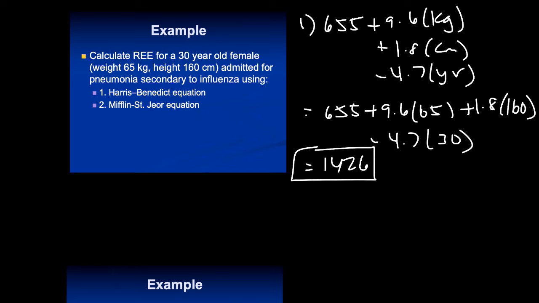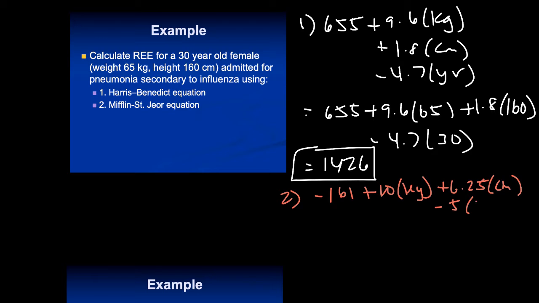Using the Mifflin-St. Jeor equation, that's negative 161 plus 10 times the weight in kilograms, plus 6.25 times the height in centimeters, minus 5 times the age in years.